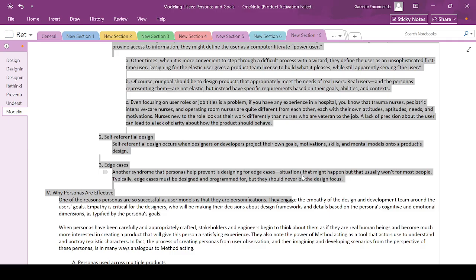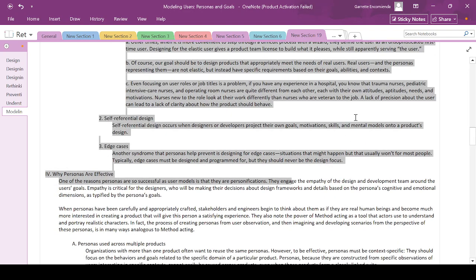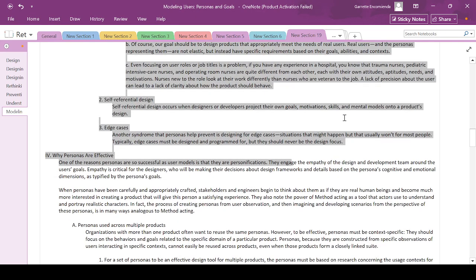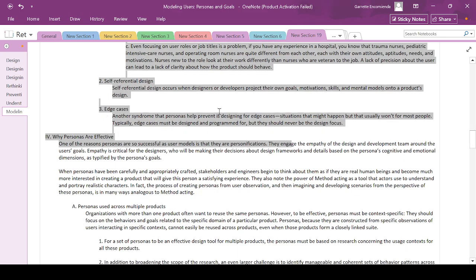Real users and the personas representing them are not elastic, but instead have specific requirements based on their context, goals, and abilities. Even focusing on user roles or job titles is a problem. If you have any experience in a hospital, you know that trauma nurses, pediatric intensive care nurses, and operating room nurses are quite different from each other, each with their own attitudes, aptitudes, needs, and motivations.